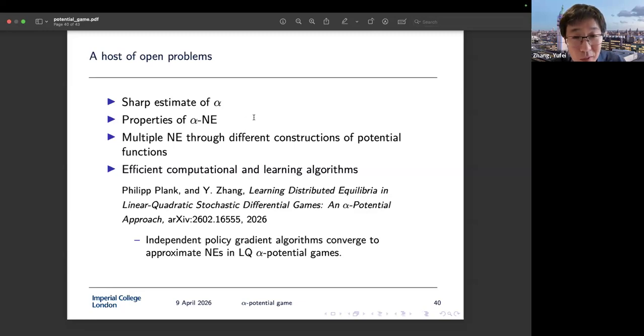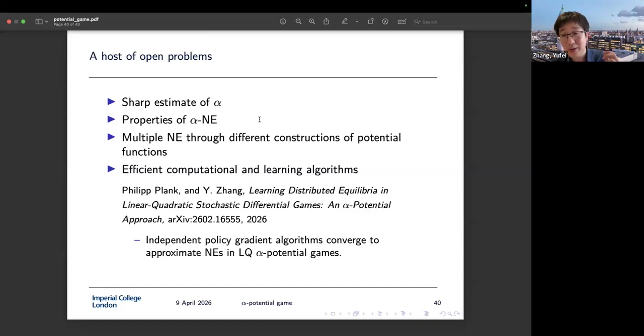Thank you. Is it possible to extend the framework to non-local operators with interaction, with intervention or impulse controls? I think it is okay. Right now, it depends on the structure. For singular control, things will be much easier, and we now have a relatively concrete answer: if the interaction is only through the cost function, you can more or less apply the same framework to construct a corresponding alpha potential function.